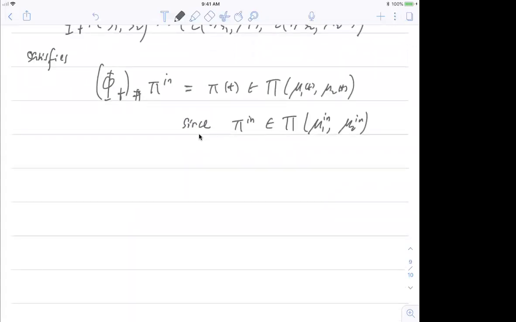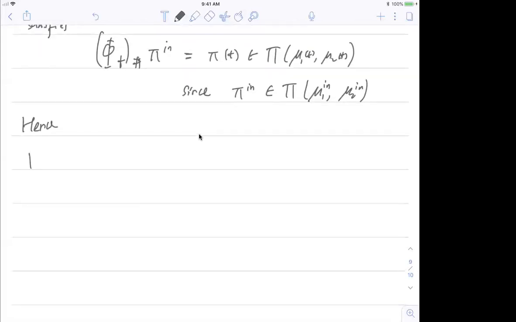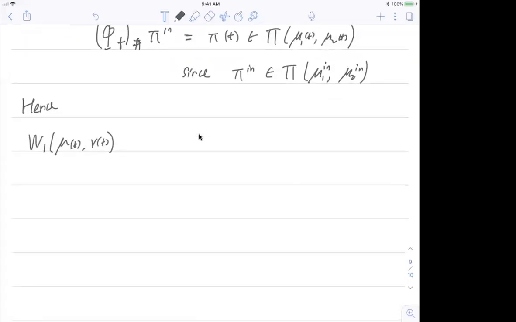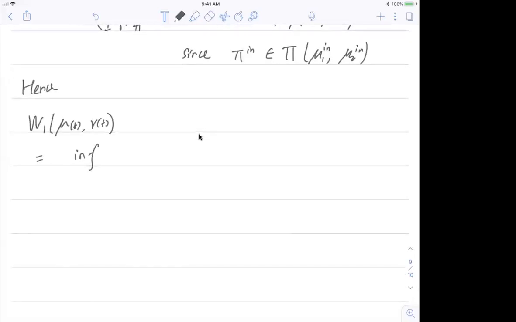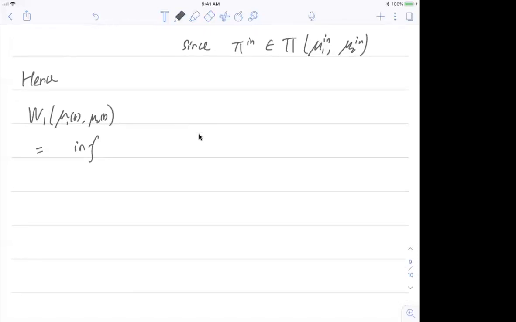So we can write the Wasserstein distance using the duality formula. So if we want to control the W1 distance between mu1t and mu2t, we are not really using the duality formulation here.